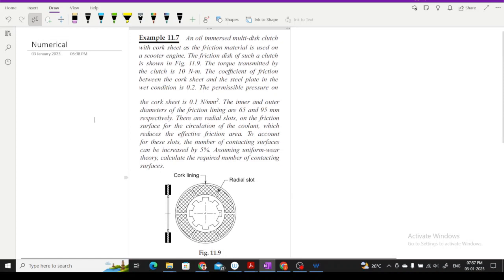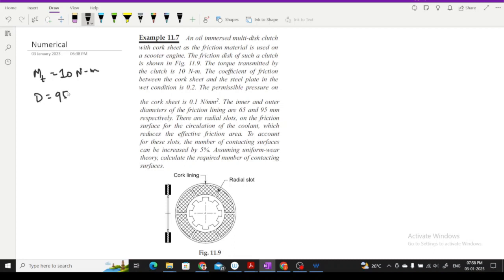Right. So now here also you can first note down the given data, right? M_t is given as 10 Newton meter, then capital D as 85 mm, small d as 65 mm, mu is 0.2, and p_a as 0.1 Newton per mm square.